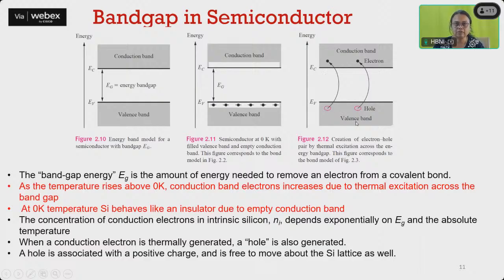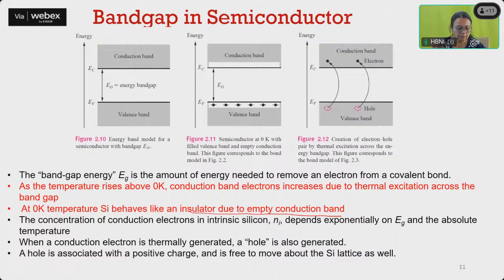We have seen earlier the Eg. So valency electrons will jump from Ev to Ec and leave behind a hole. Both the electrons and the holes can be used for the conduction of electricity. As the temperature rises above 0K, the number of conduction band electrons increases, but at absolute zero temperature, the silicon behaves like an insulator due to the empty conduction band.